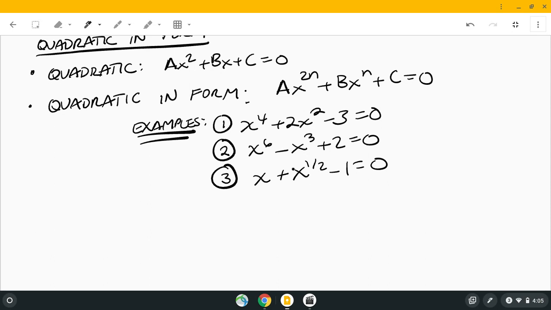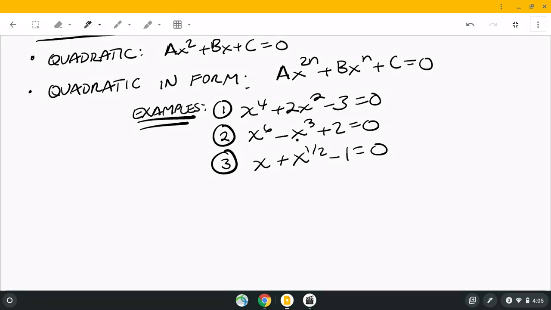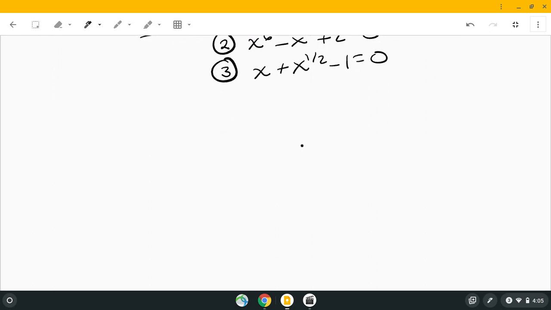So what we're going to do here is take a look at how to solve these using the substitution method. All right, so solving by substitution method.